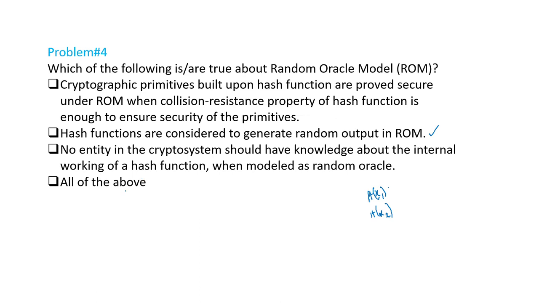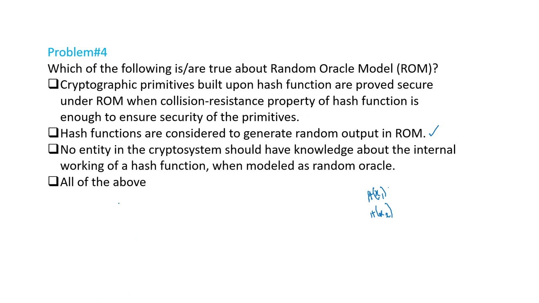Because whenever we say oracle, oracle service is something that we just query with our input and we just get to see the output. We are unaware of the internal working. In ideal cipher model also we saw that we are assuming that the internal working of the block cipher is not known to anyone.